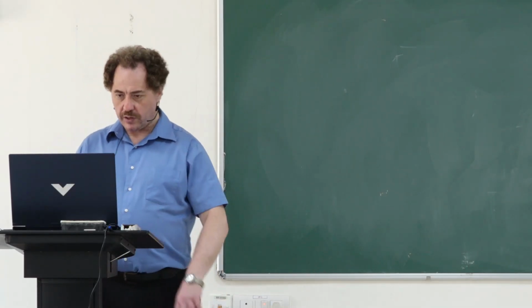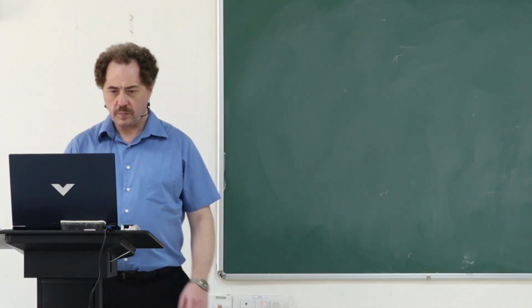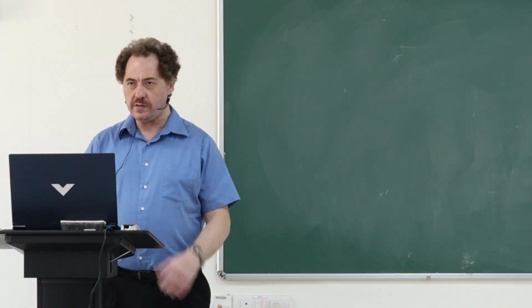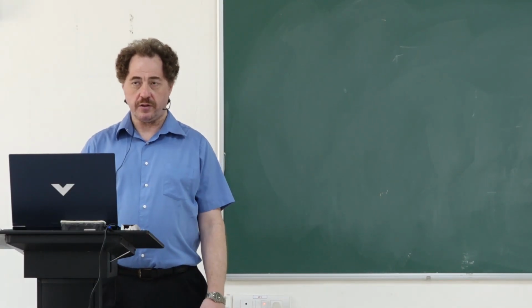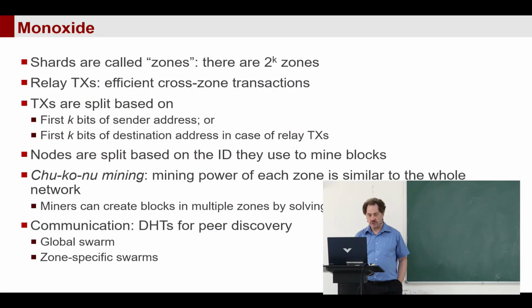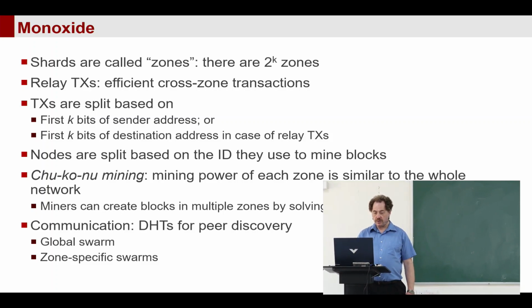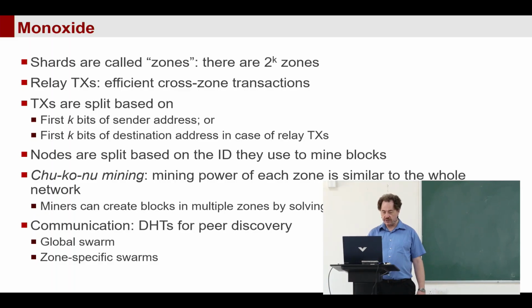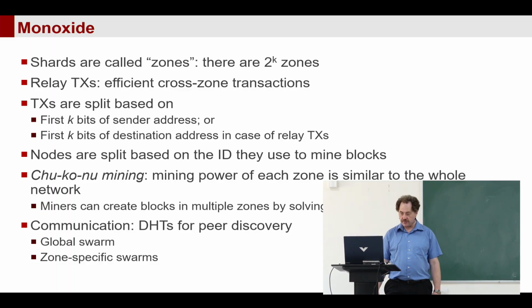So let's take a look at one sharding system in the context of blockchain. It's called Monoxide. In the system, the shards are just called zones, and there is a number of zones which is a power of 2. The system includes efficient cross-zone transactions, which they call relay transactions.